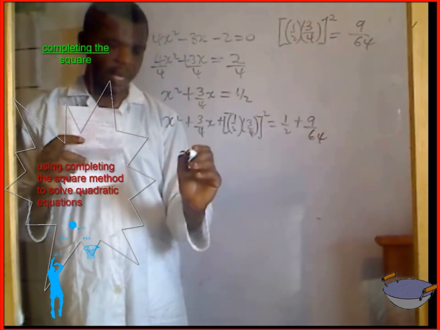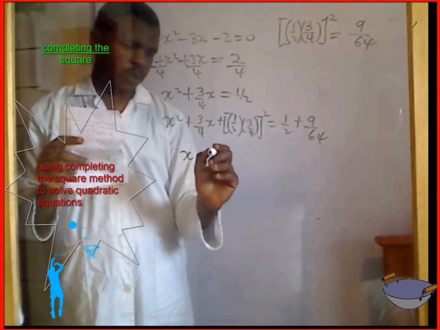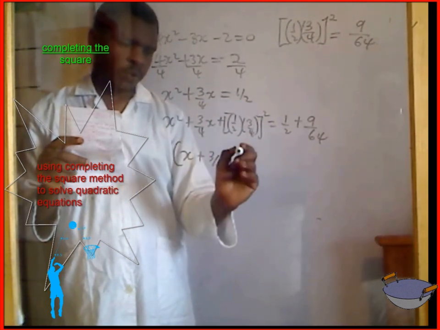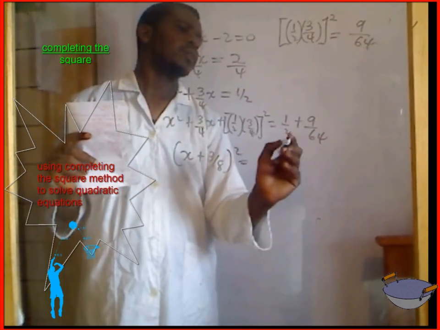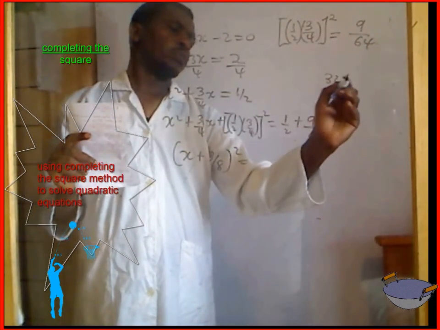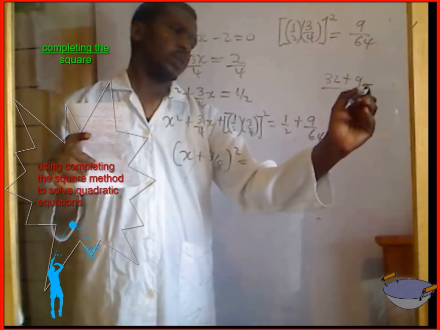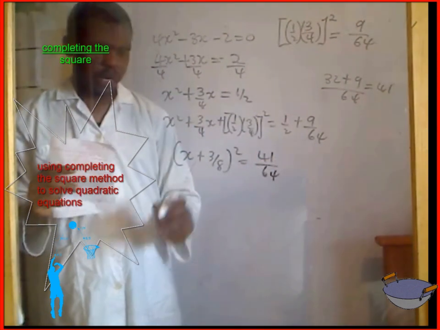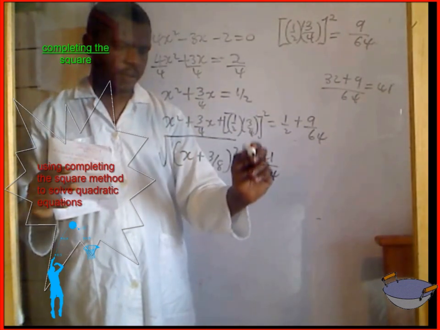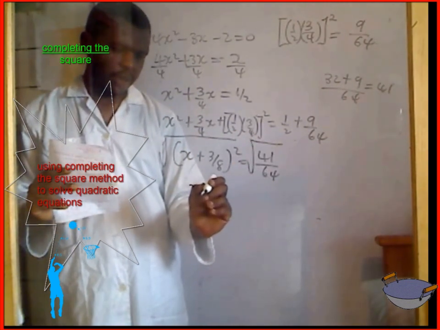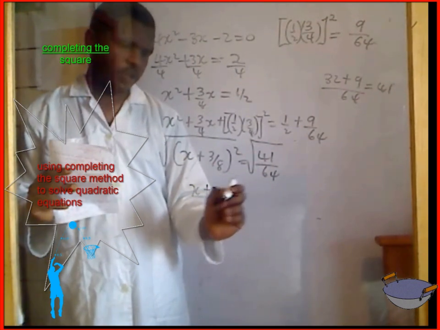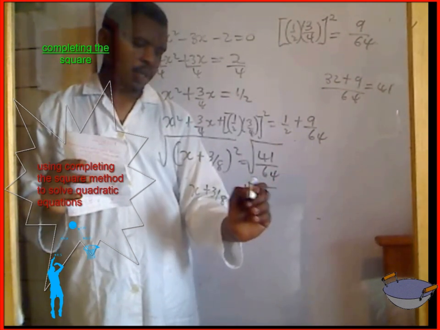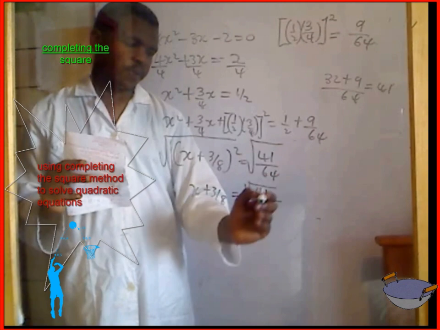Factorizing this will give us x plus 3 all over 8, all squared, is equal to, let's simplify this, 32 plus 9 all over 64, which will give us 41 all over 64. Now I take the square root of both sides. x plus 3 all over 8 is equal to square root of 41 all over 8, because the square root of 64 is 8.